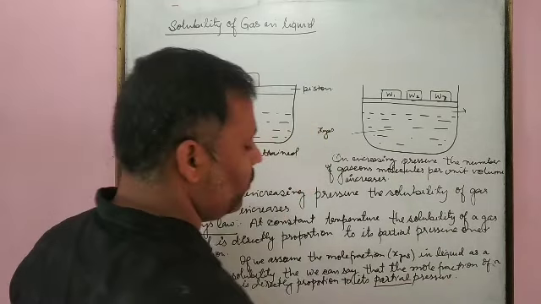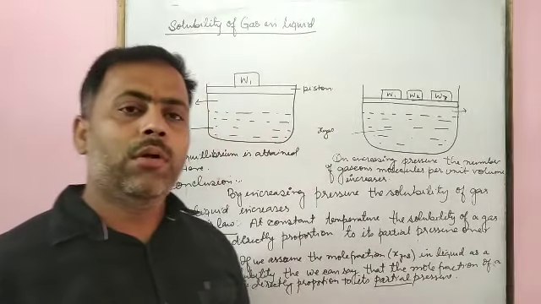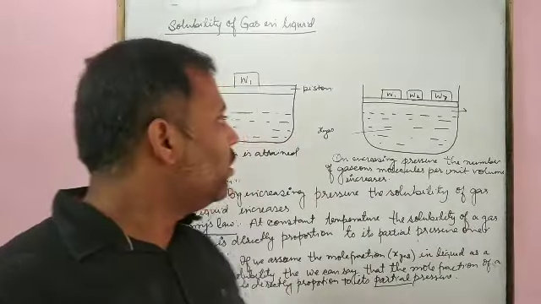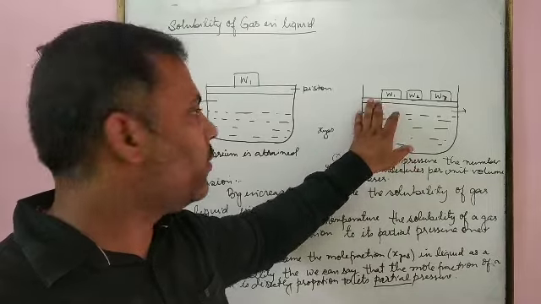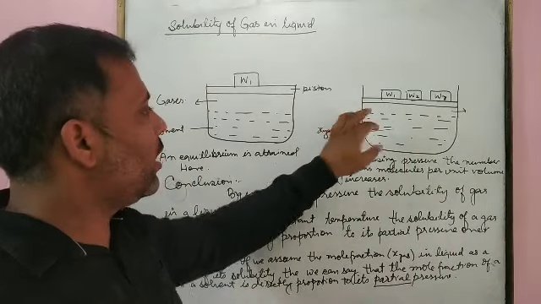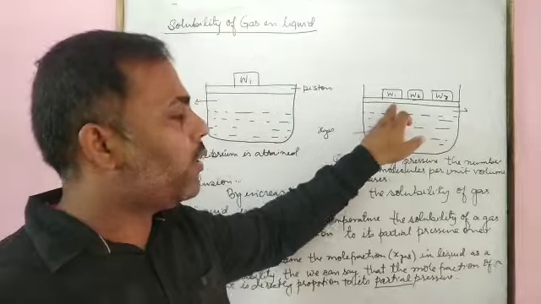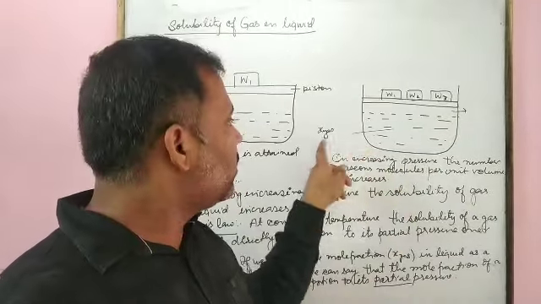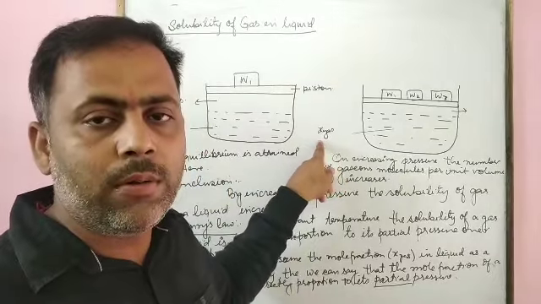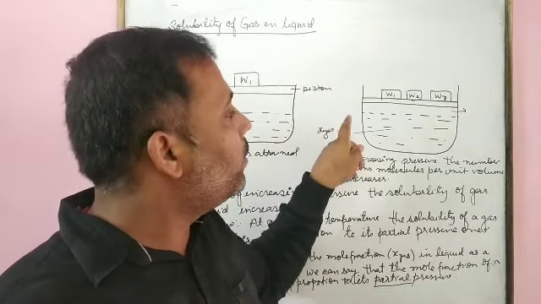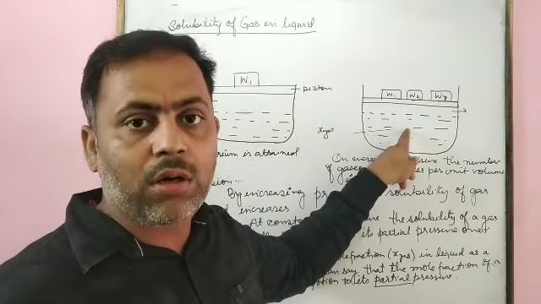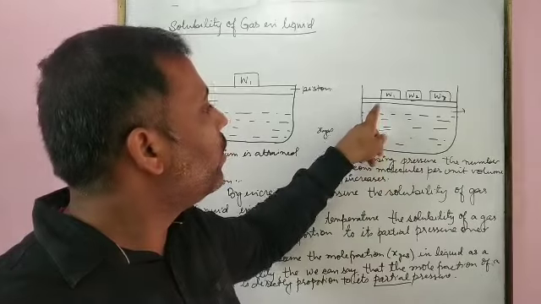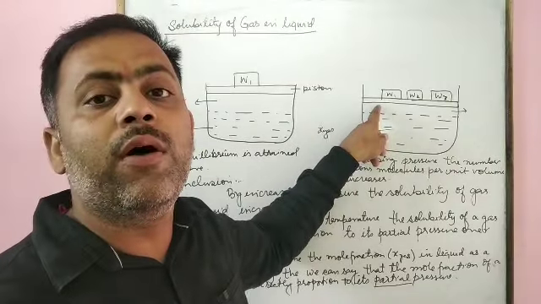But here a new term comes: partial pressure. Partial pressure, what does it mean? If various gases are there, oxygen is there, nitrogen is there, hydrogen is there, and if we are discussing the mole fraction of oxygen, then the mole fraction of oxygen in this water or solvent is directly proportional to the pressure of only oxygen.